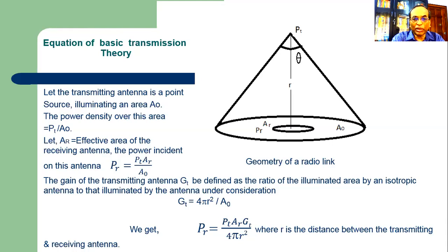From here we can calculate by substituting A0 by 4 pi R square by GT. We get PR equal to PT AR GT divided by 4 pi R square, where R is the distance between the transmitting and the receiving antenna. So this is the equivalent geometrical scheme, the geometry of the radio link.